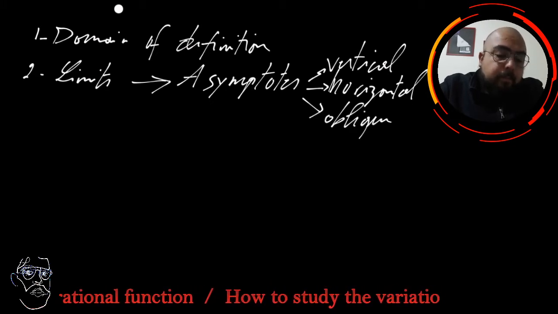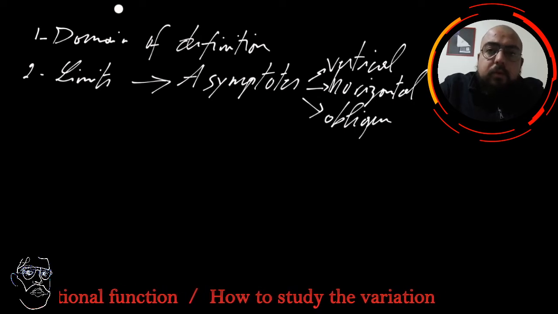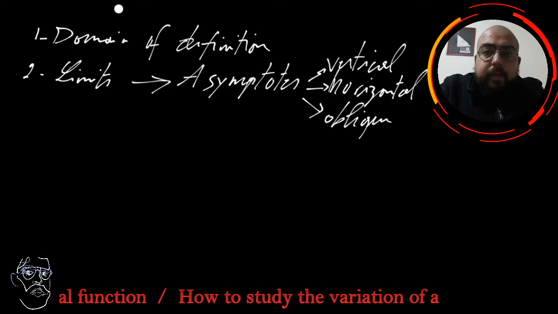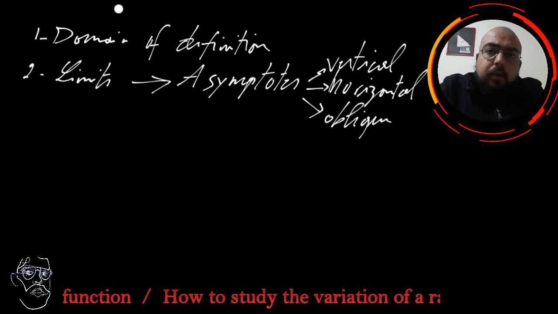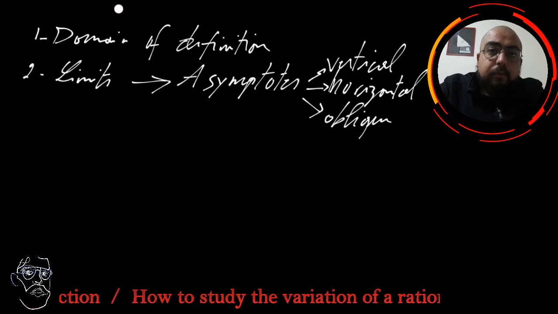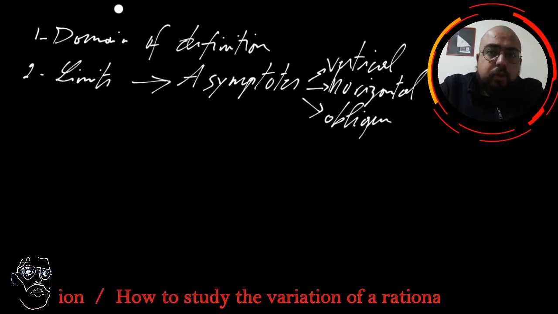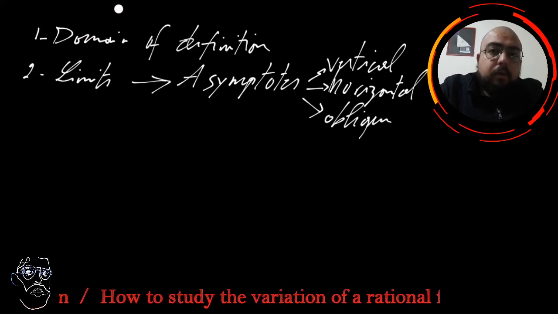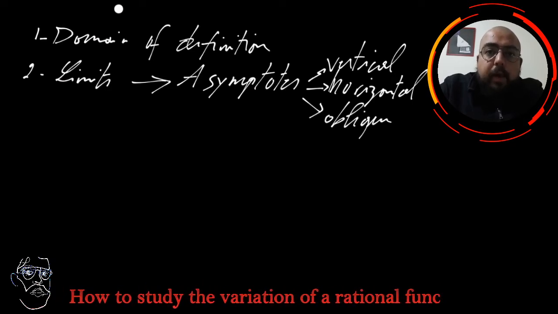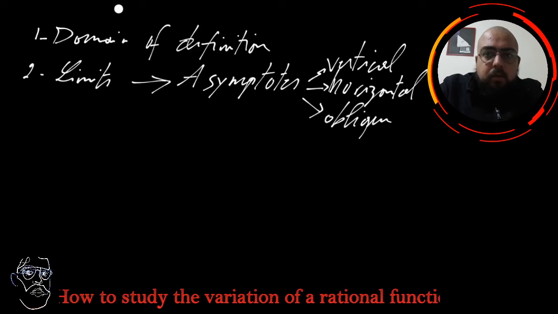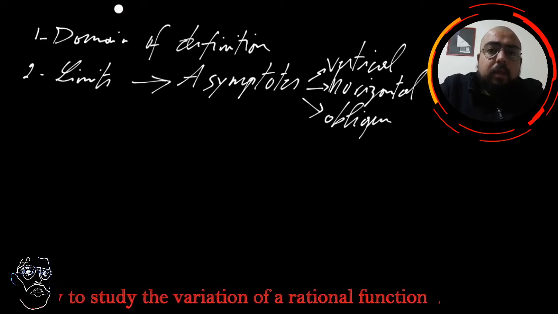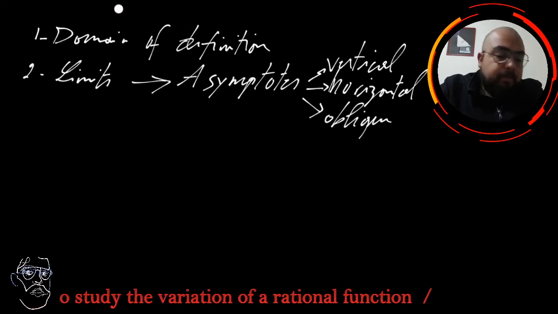Now, vertical and horizontal, you can directly find them after calculating the limit. But for oblique, there is another step. There is another method in order to find the equation, plus to verify that my equation, which is in the form of y is equal to ax plus b, it's the simple line equation, is actually an oblique asymptote.